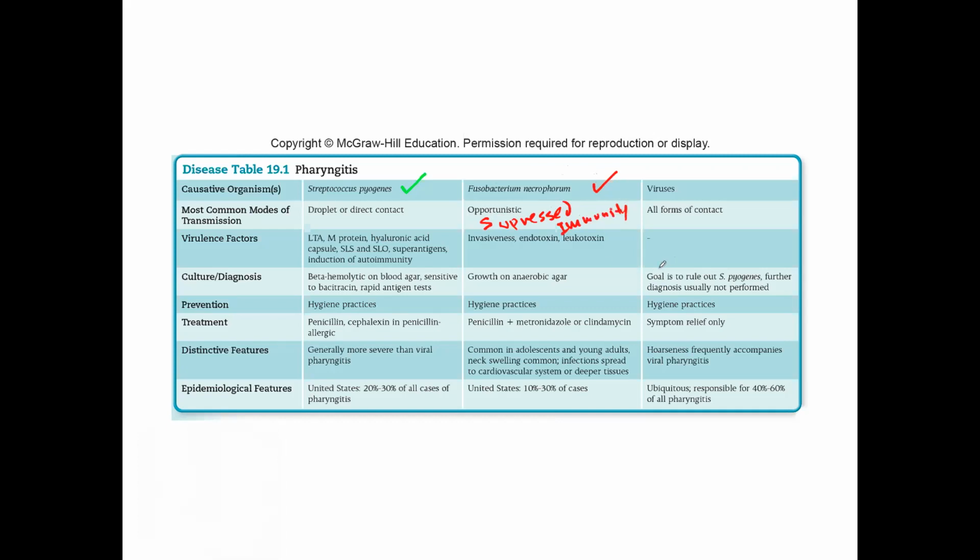And then viruses, again, they're going to come in and do what they do, right? They're mostly airborne, right? But you can have fomites, you can have direct contact. Virulence factors.